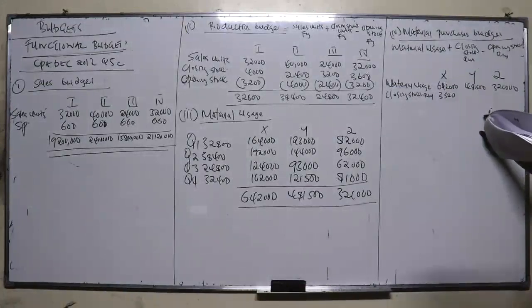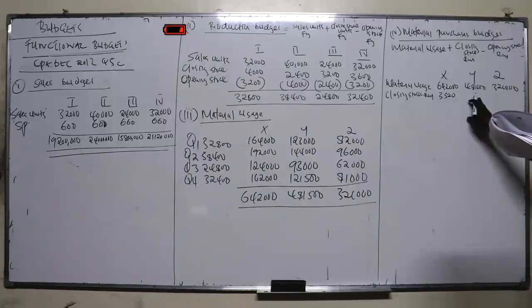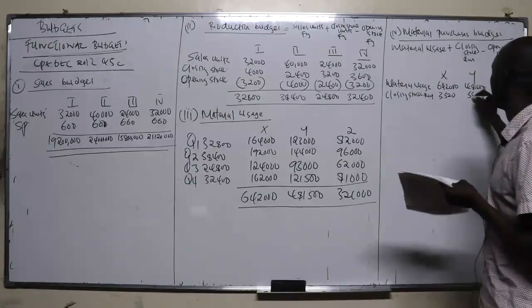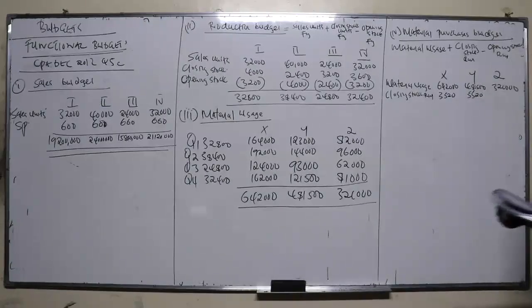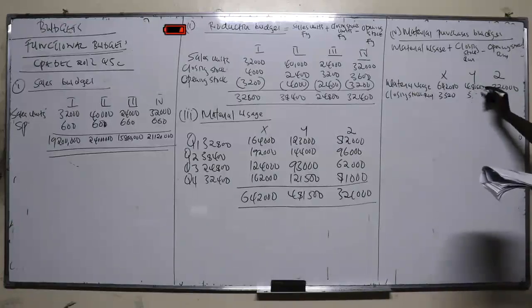So the opening stock is given in note number 3. So this one will be how much? 5,520. This one? 5,720.